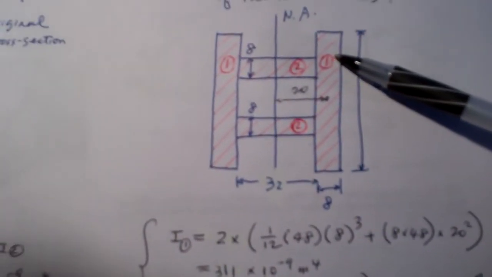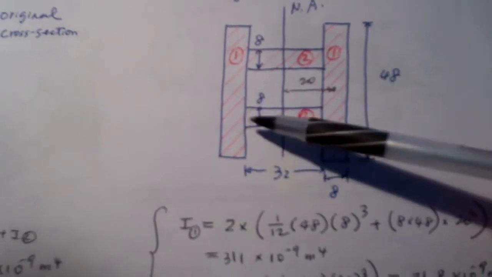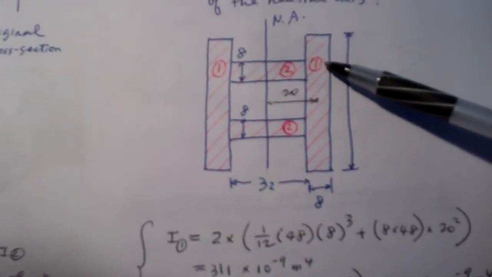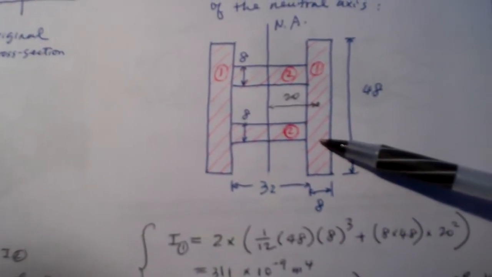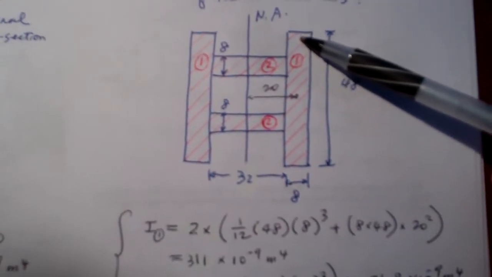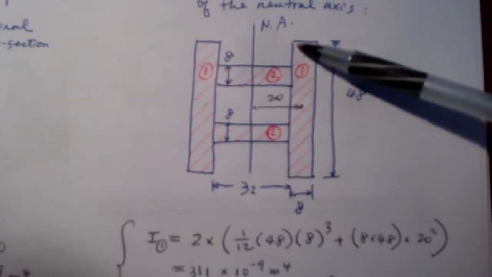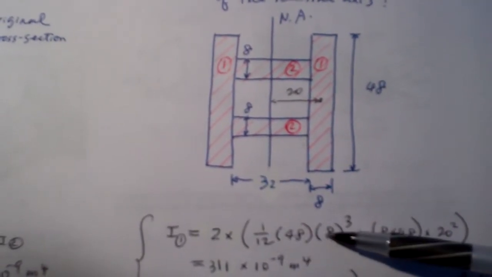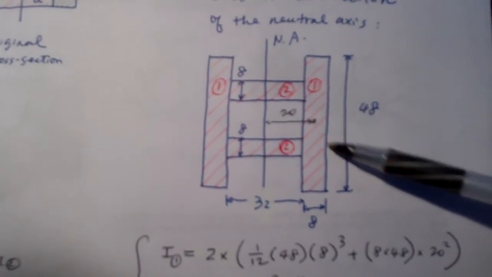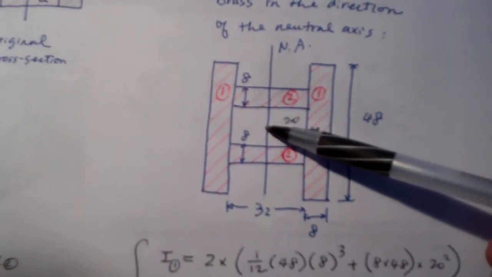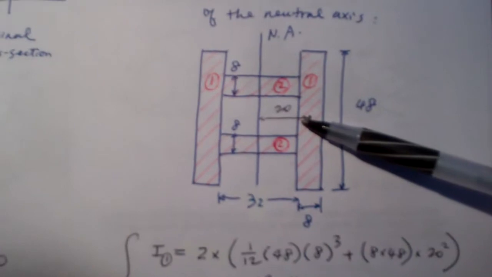For material 1, there are two strips, so 2 times each strip, and here we apply the parallel axis theorem to obtain the moment of inertia about the axis passing through the centroid, which is this term, plus A times the distance squared from the neutral axis, which here is 20.